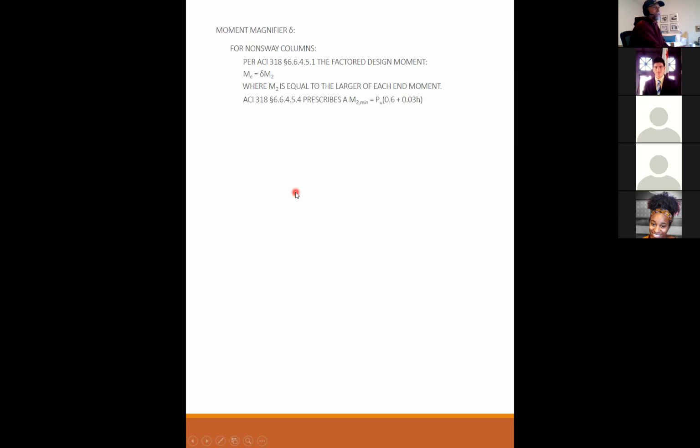Basically, what are we doing here? We're coming up with a design load that is an amplified version of the original load to account for the slenderness. So my design load becomes my applied load times this delta that we are going to evaluate, where M2 is the larger of each end moment.